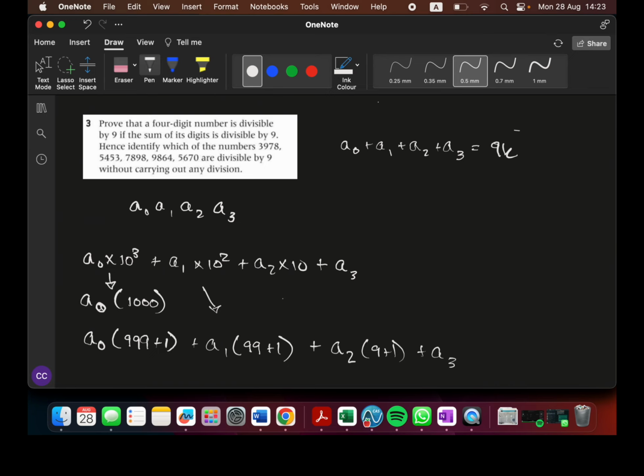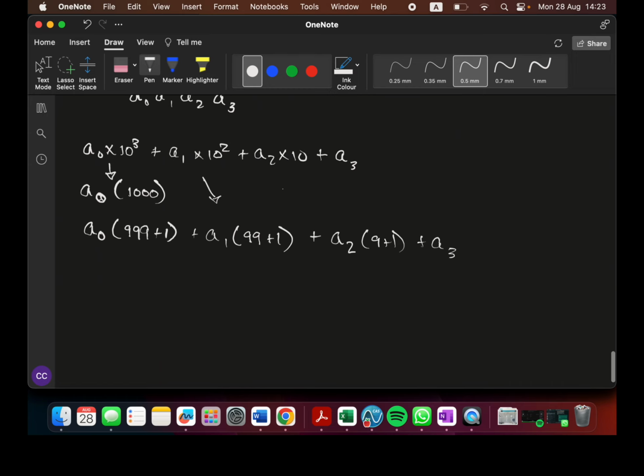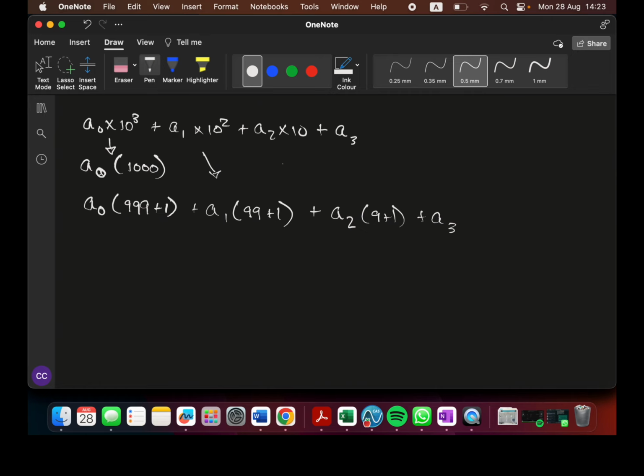It's still the same thing; I haven't changed how those work. If I expand all of these through, I get 999 A0s plus A0 plus 99 A1s plus A1 plus 9 A2s plus A2 plus A3.